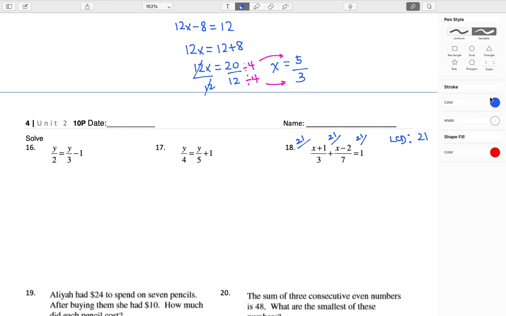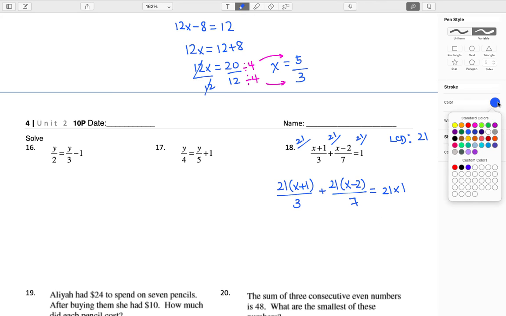So when you do this, it's like saying 21 times (x plus 1) plus 21, don't forget the bracket, (x minus 2), and 21 times 1. But you will notice that I can simplify this.